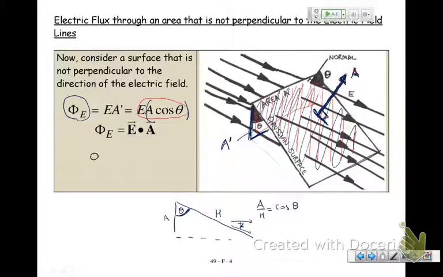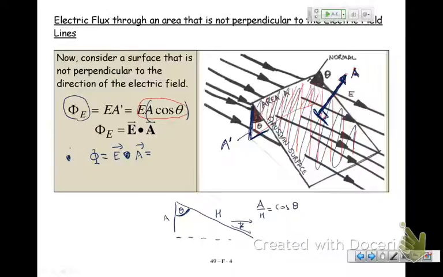So we say our flux is equal to the electric field vector dotted, and always make your dots really clearly, so there's no confusion, dotted with the area vector. The area vector is defined as this imaginary vector which is perpendicular to the area of interest and has a size equal to the area.